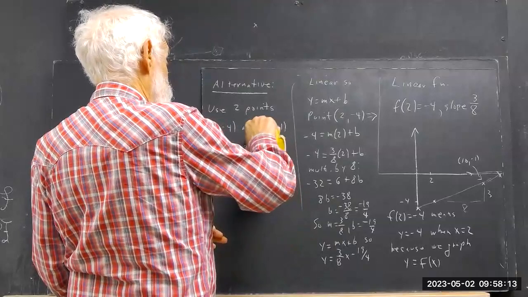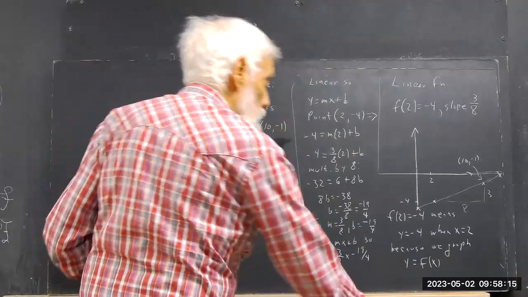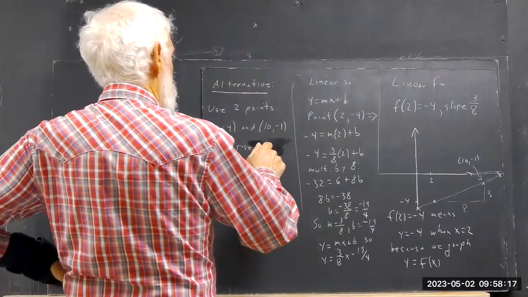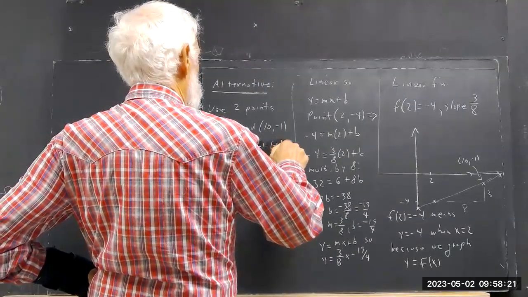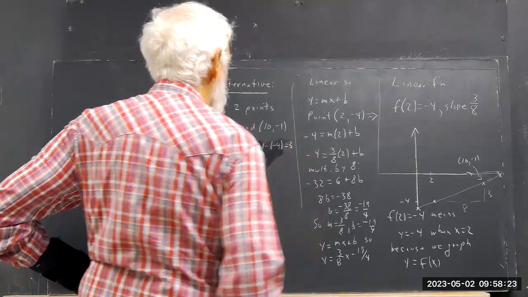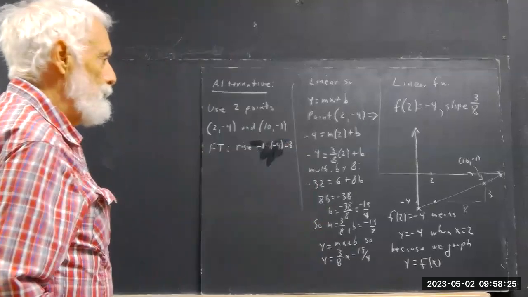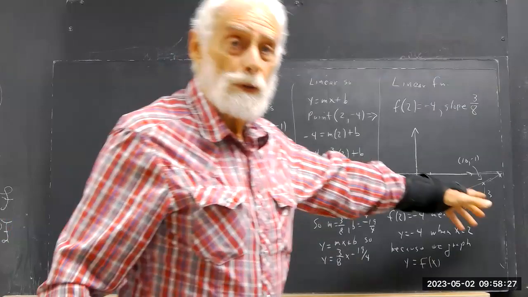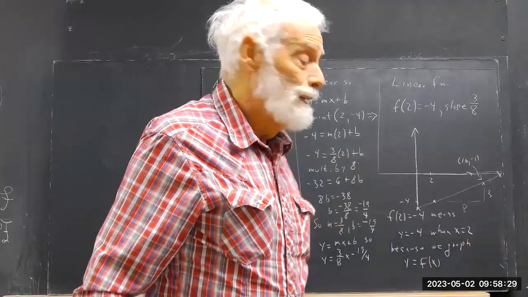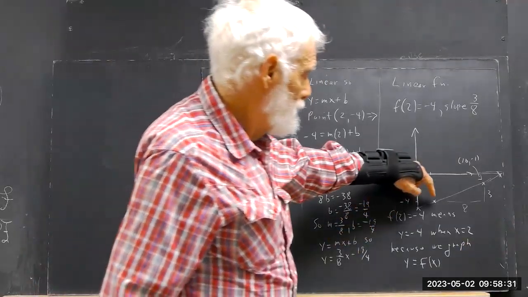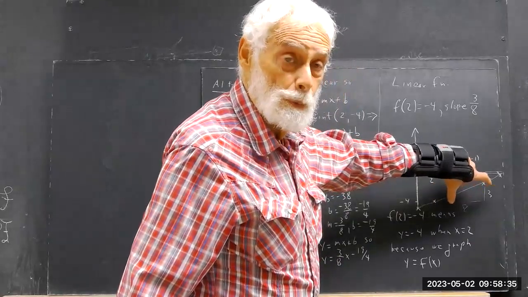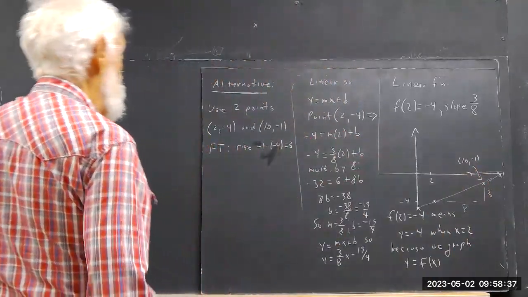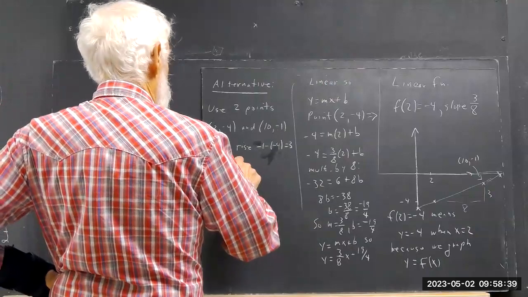Rise is -1 minus -4 equals 3. Now, of course, we already know what the slope is. But just to illustrate what we do when we have two points, let's use a fundamental triangle.